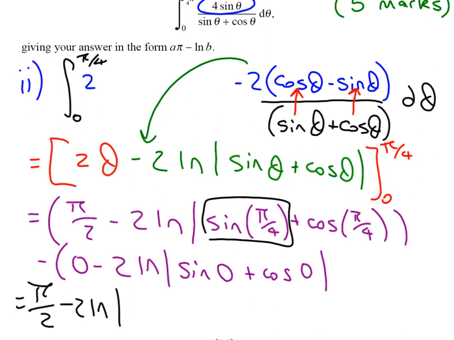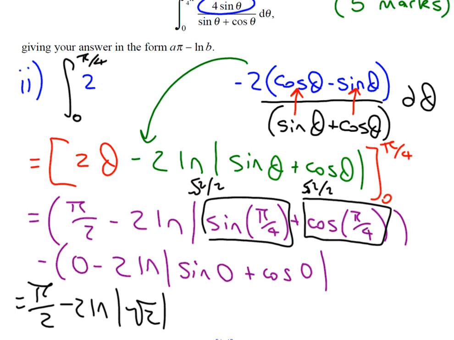If you put sin of pi over 4 into your calculator in exact form, root 2 over 2. Similarly, cos pi over 4, root 2 over 2. So you've got half of root 2 plus half of root 2, so that's going to give you root 2.